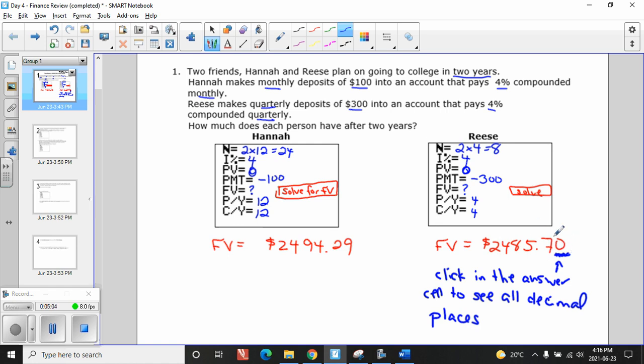I had to click to find the 9 for Hannah. For this one, the TVM solver actually just says 0.7, and I understand that that means 70 cents. So that last decimal place is a little bit weird in both situations. Okay, so there's their savings after 2 years.